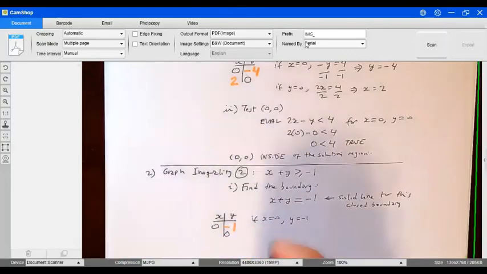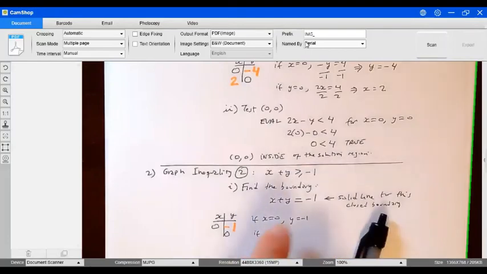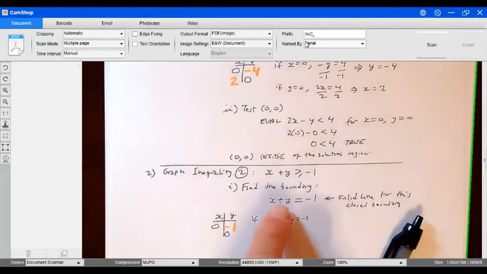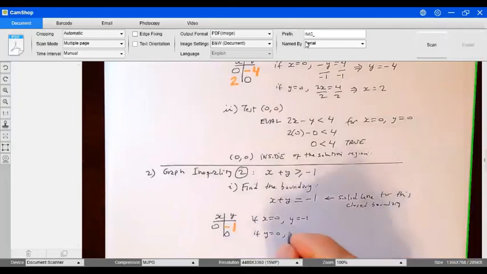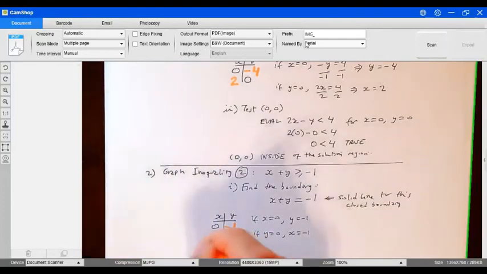Then if y equals 0, you hide y, and you read x equals -1. So you have here -1.